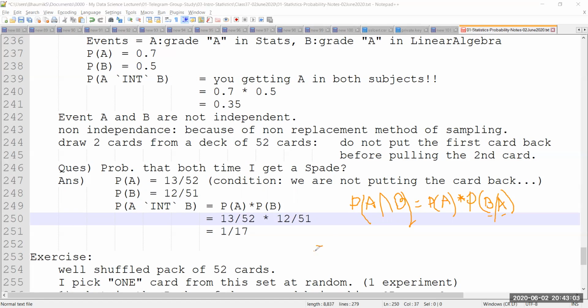Now, a very quick mathematical derivation from this formula is something like this. The probability of B given A can also be represented in the form of the probability of A intersection B, where A and B are the two events which may happen as part of the experiment that we are trying to do, where we applied the multiplication rule earlier.